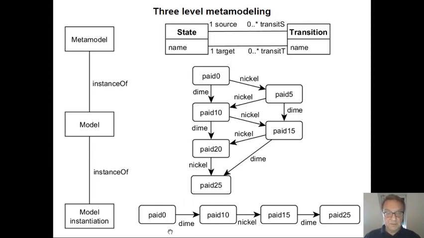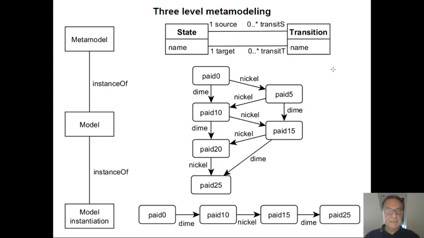First we pay a dime, then we pay a nickel, and then we pay a dime again. So this model here corresponds to a particular path through the state machine. So that's the model, and that's the model instantiation.